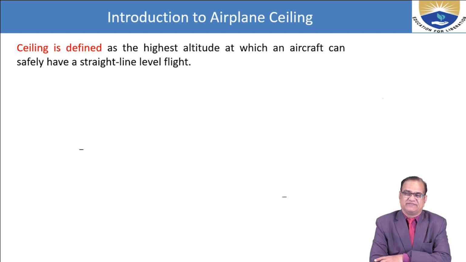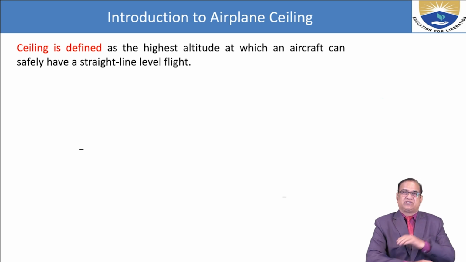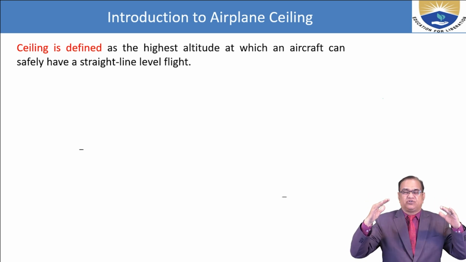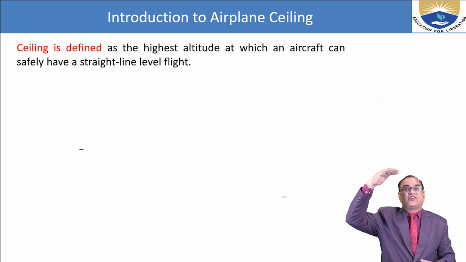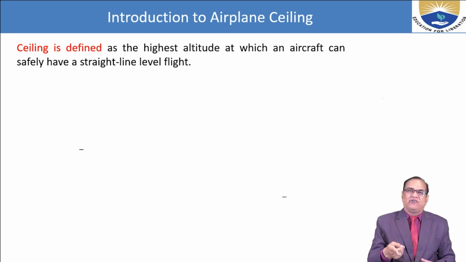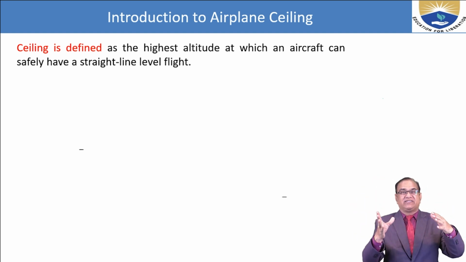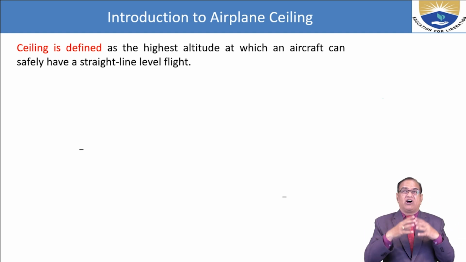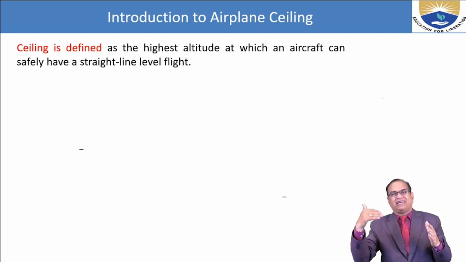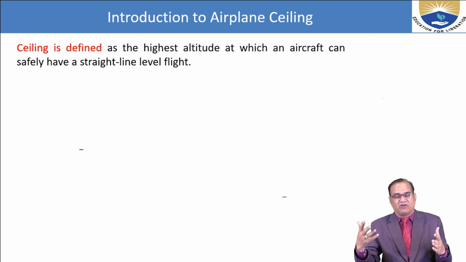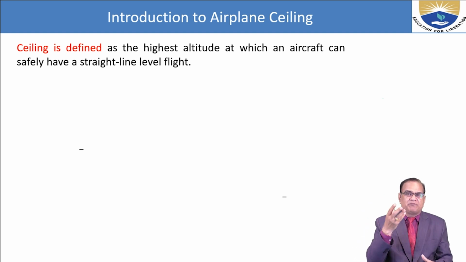So what is the ceiling? Ceiling is defined as the highest altitude at which an aircraft can safely have a straight and level flight. This is the highest altitude which the aircraft can go. And why? I have just explained. As and when the thrust available or the power available is equal to the thrust required or the power required, and the thrust required and power required are nothing but drag.